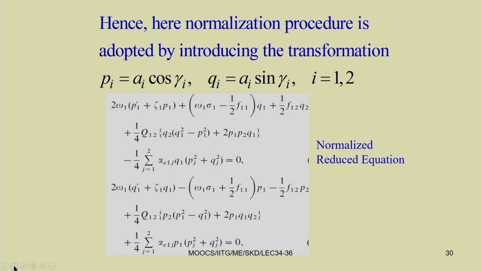That is why one can do this transformation. For example, one can use the transformation Pi equal to Ai cos gamma i and Qi equal to Ai sin gamma i, and one can get the normalized reduced equations in terms of P1 dash, Q1 dash, P2 dash, Q2 dash. You can see that the amplitude term is not multiplied with the Q dash term or the P dash term.